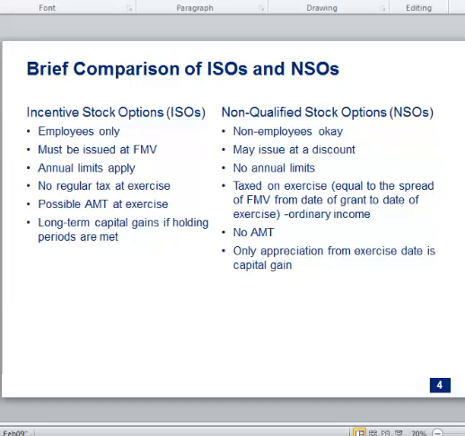So the major difference between ISOs and NSOs is for ISOs. So if you're a holder of an ISO, let's say that Cindy works for Oracle. Oracle says our stock today is $25. I don't know what your stock is, but let's say it's around $25.